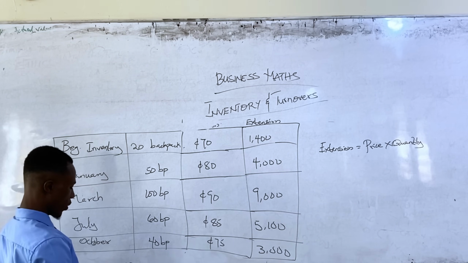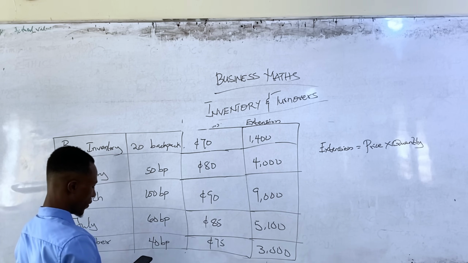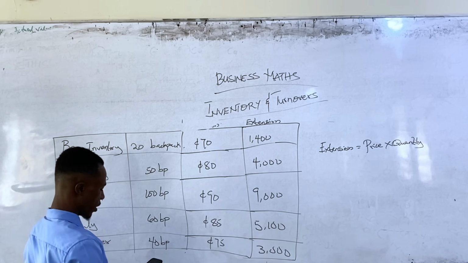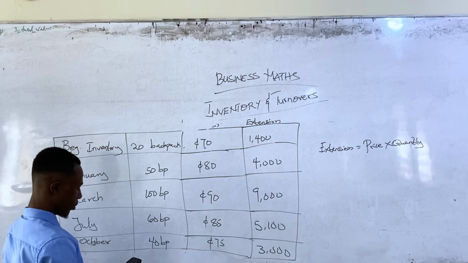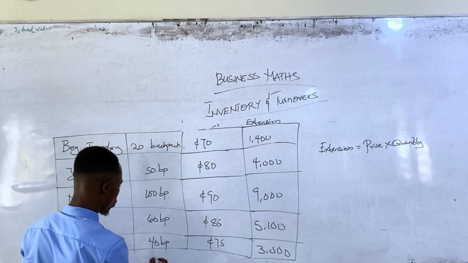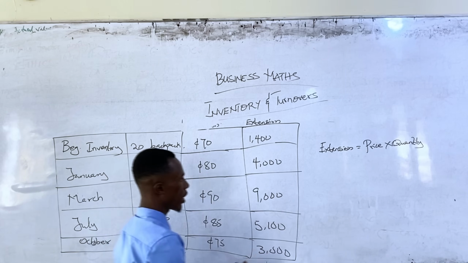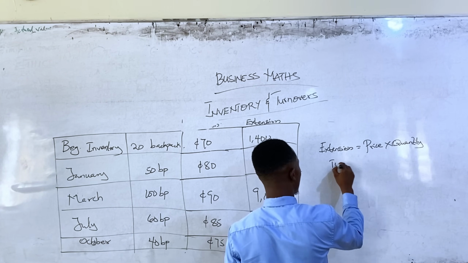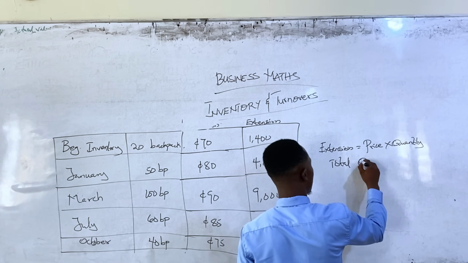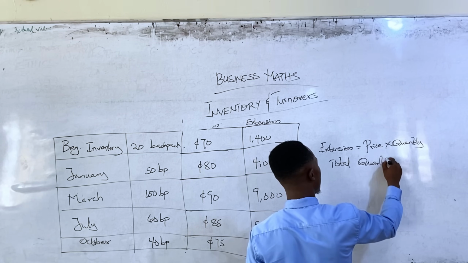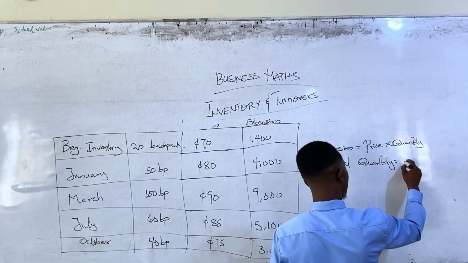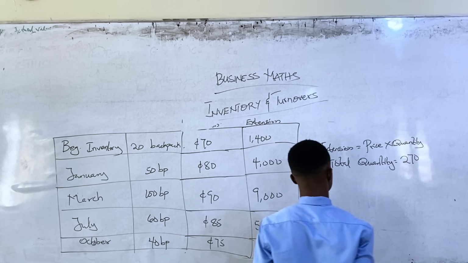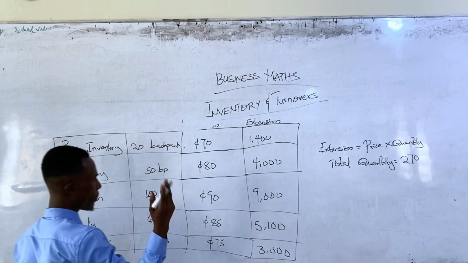So what is the total quantity? We have 20 plus 50 plus 100 plus 60 plus 40. So we have 270 as our total quantity, 270 units, okay, or backpacks.